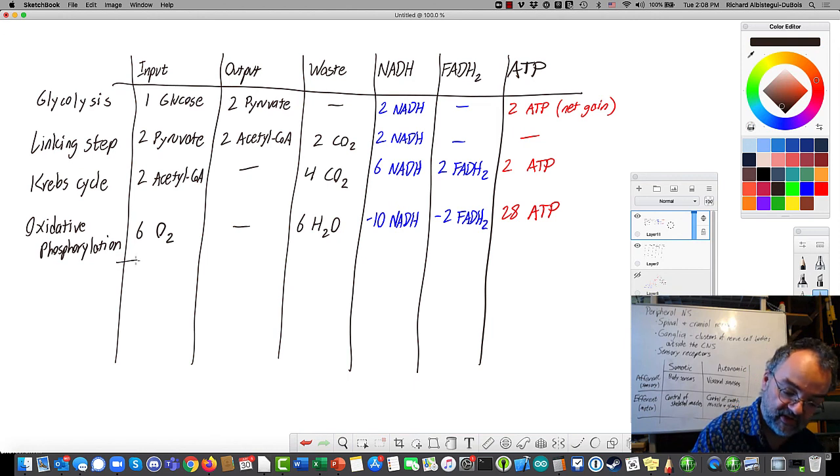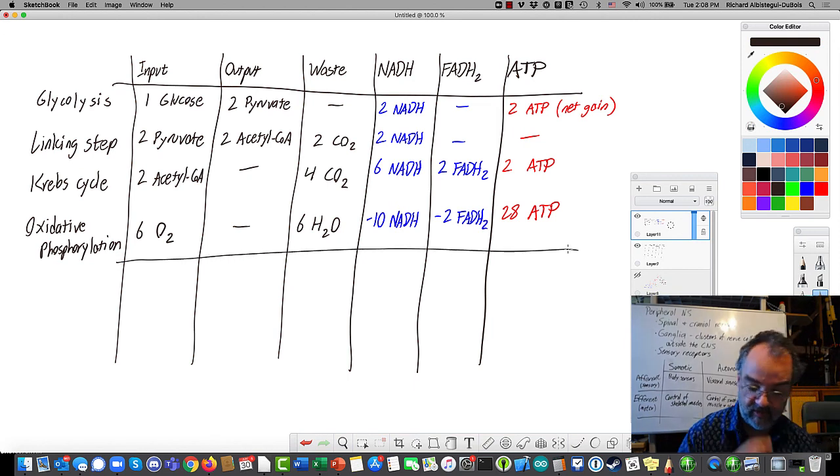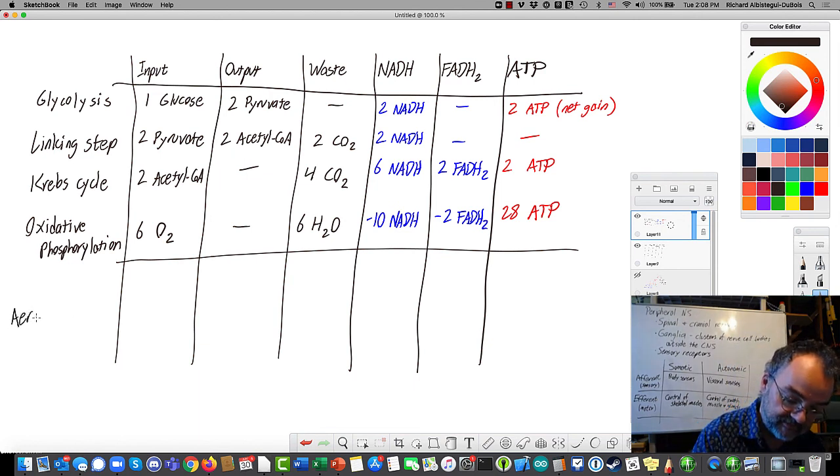So what's our end product here? The pyruvate we've accounted for when it was output from one and input to the other, so it kind of cancels out. The acetyl-CoA likewise. So our total input for aerobic metabolism was a glucose.